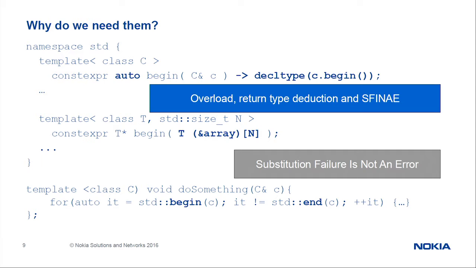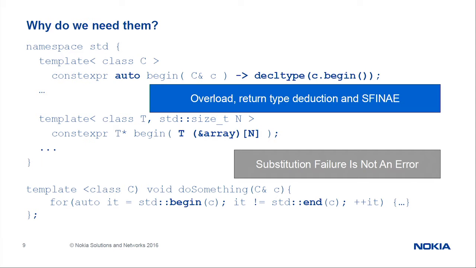OK, SFINAE means substitution failure is not an error. That means that when we try to instantiate a template and there is an error, that instantiation is ignored. And we will find others that could be good matches.